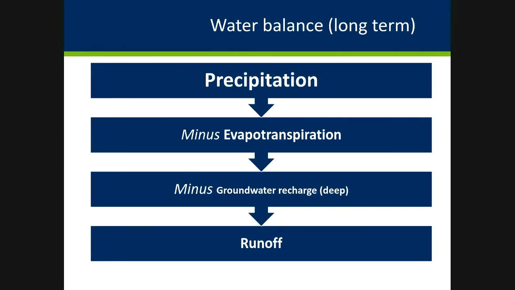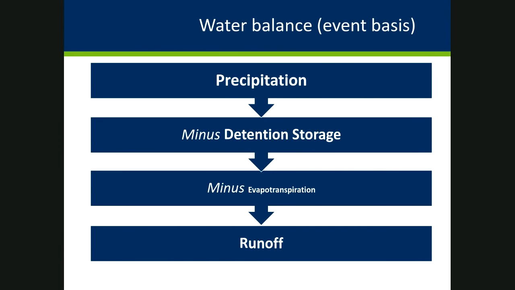You're familiar with the water balance. Again, that's the long-term water balance we covered. Also think about the event-based water balance, which is more dependent on precipitation, short-term detention storage, and to a much smaller extent evapotranspiration. If you're talking about one single rainfall event, the ET is not as big a factor as it would be on an annual time scale, and then runoff.